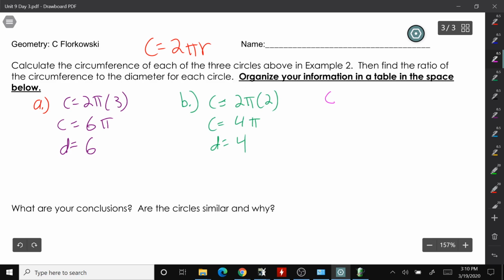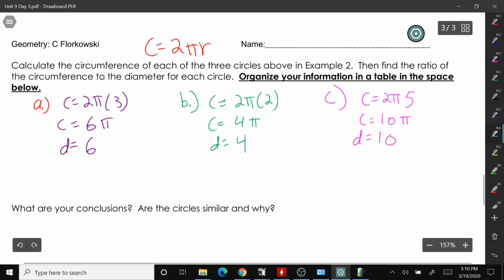And then for part C, the circumference is 2 pi times the radius. The radius for that one was 5. So the circumference is 10 pi, and the diameter was also 10.